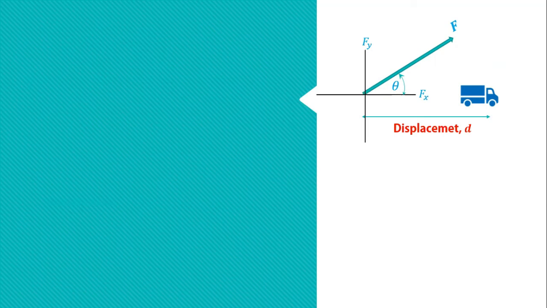Work causes the object to move. The force causes the object to move by displacement d to the right side, that is Fx. So we can formulate this case as W equals Fx times d.